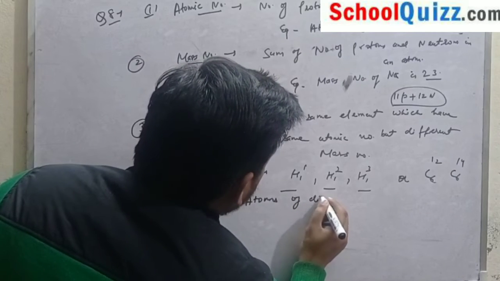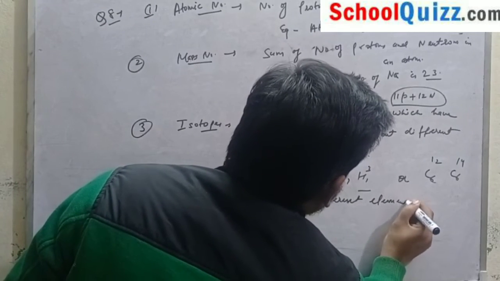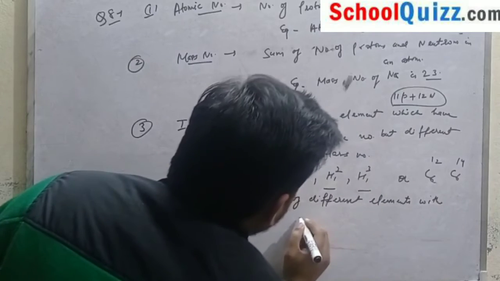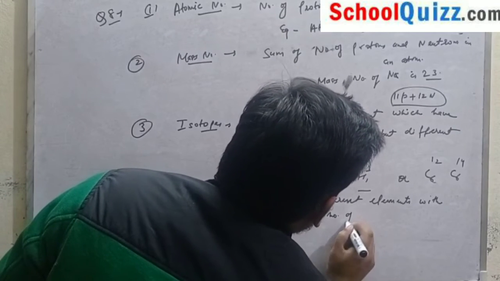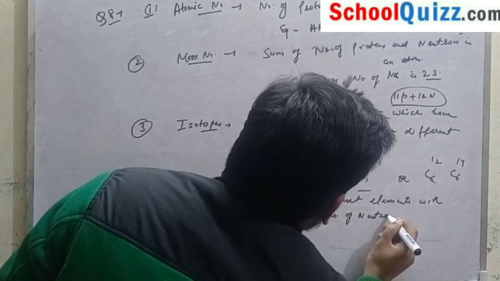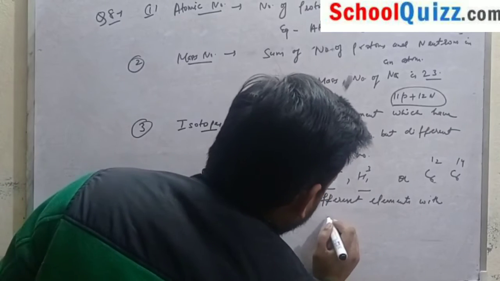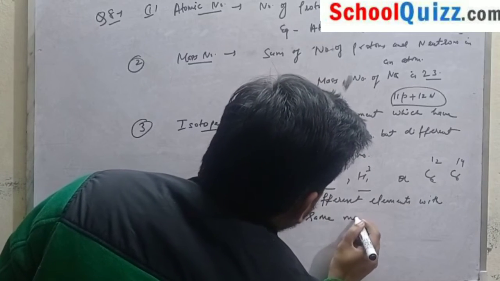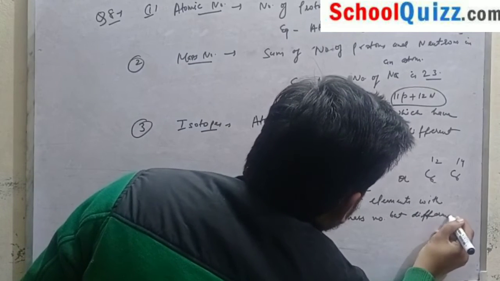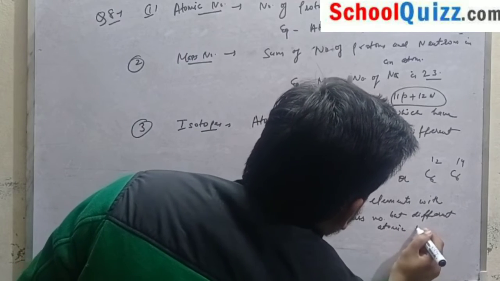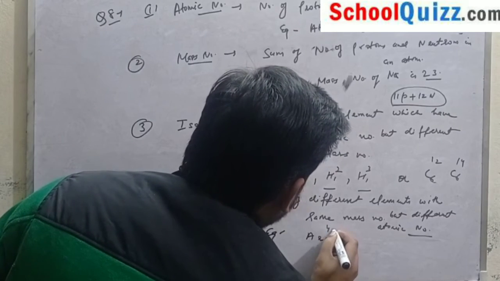Atoms of different elements with the same mass number but different atomic number. Like, example is argon 18 40.